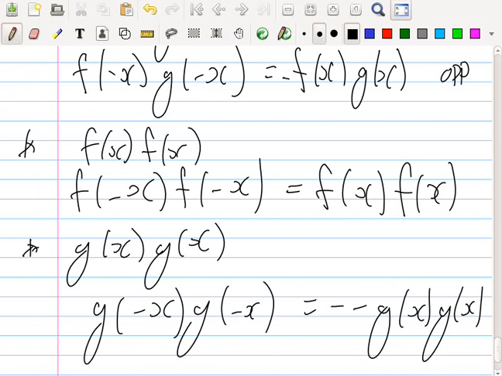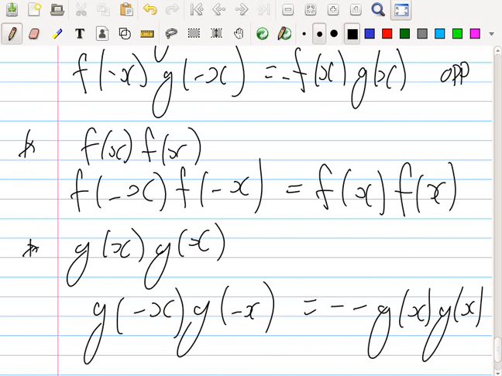But there's another reason why odd by odd should make it even as well, because if you look at this, g(x) by g(x) is the same as g(x) squared. So as soon as you square something, you don't care about the sign anymore, and that makes it even. Same goes for f(x) by f(x). That's f(x) squared, again, even. So you have 2 reasons for it as well.